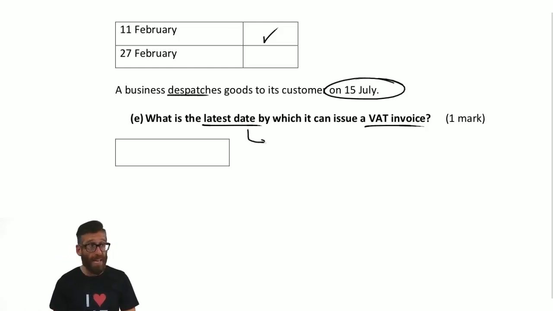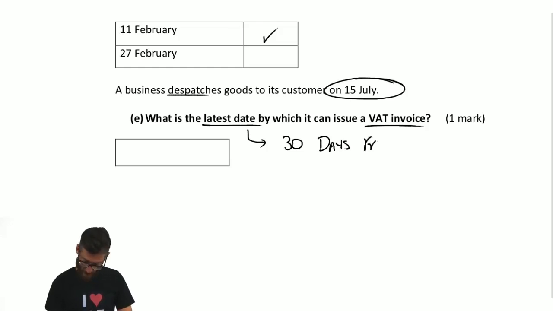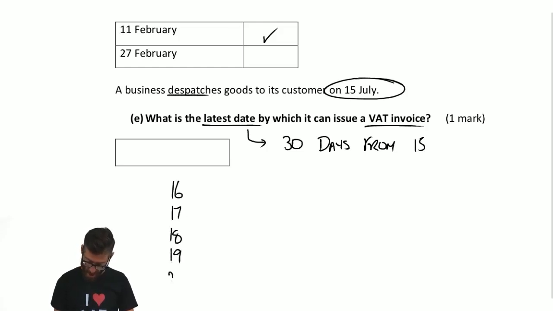So it will be 30 days from the 15th. Well, we've got the 16th, 17th, 18th, 19th, 20th. I'm going to do this in blocks of 5. We've got the 21st, 22nd, 23rd, 24th, 25th.